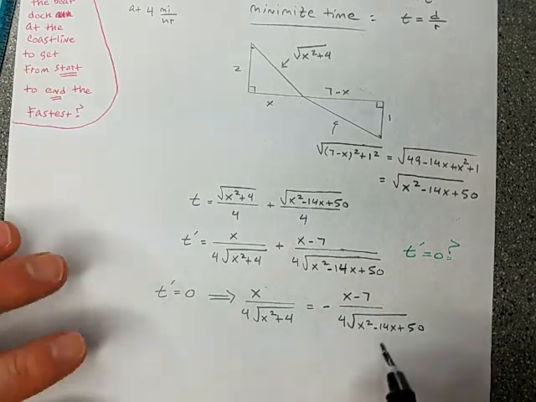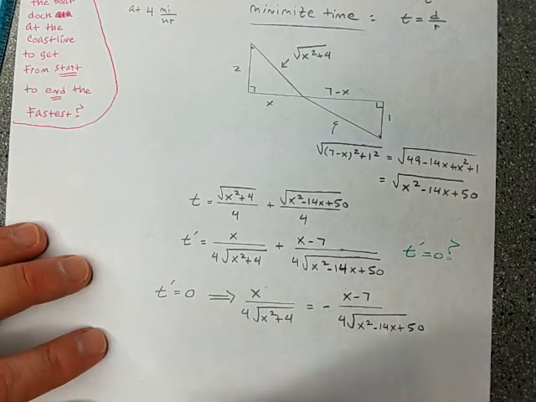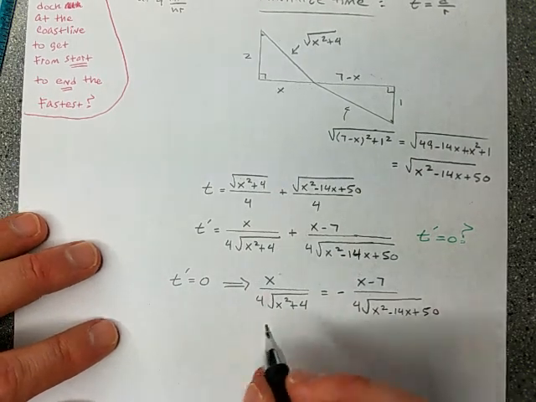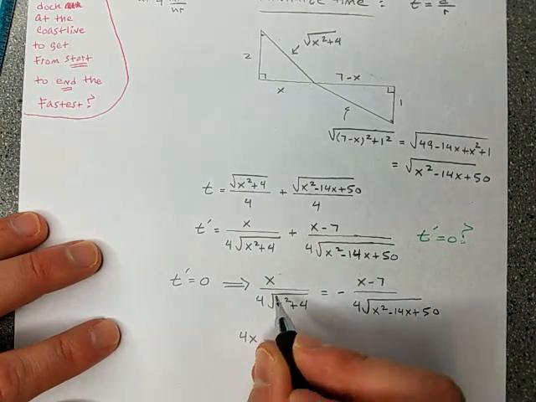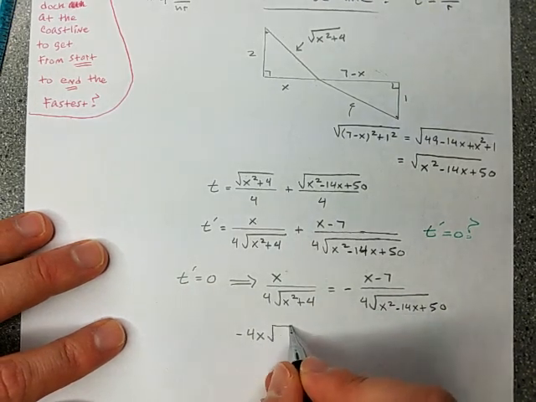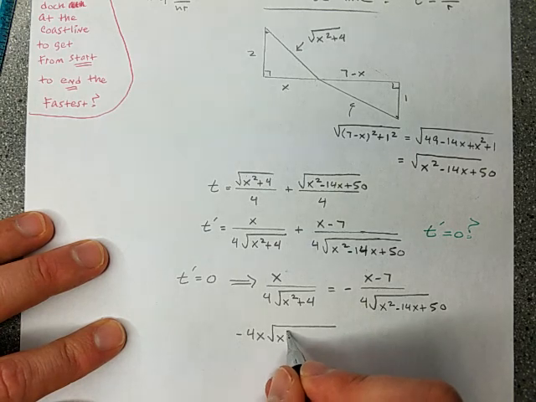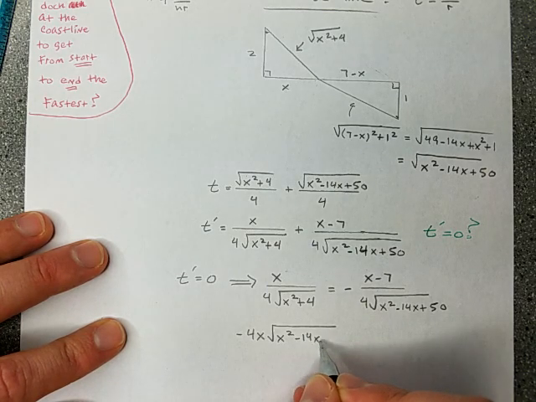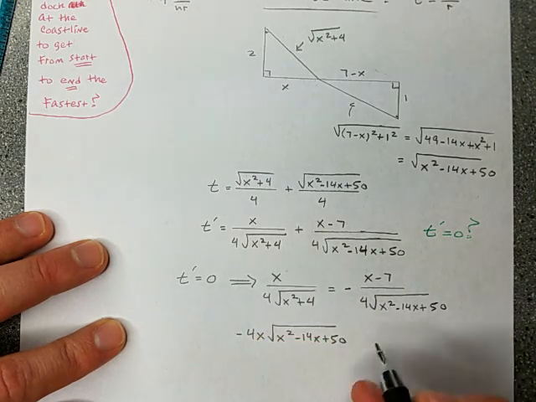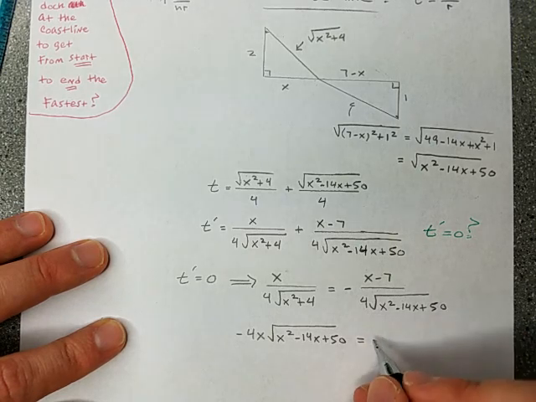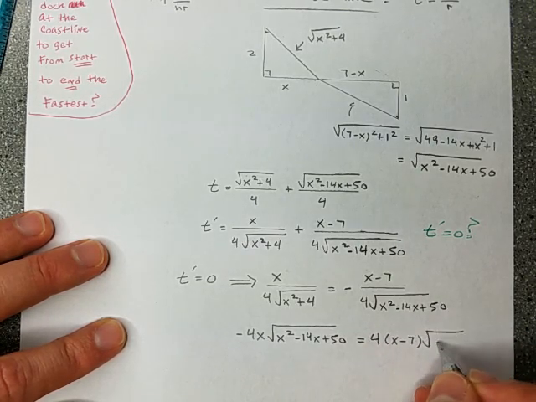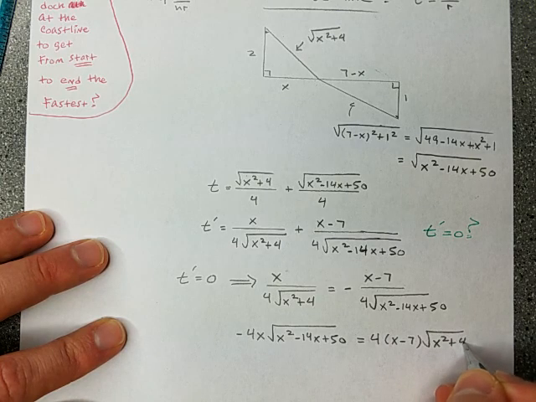And at this point, I'll cross multiply. So if I cross multiply, I'll get 4x over here, negative root x squared minus 14x plus 50. Okay, this going over there. Well, I'll send the negative over there too. And then on this side, I'll get 4x minus 7 root x squared plus 4.